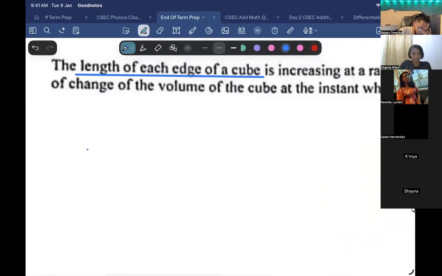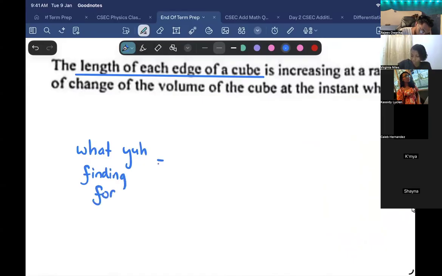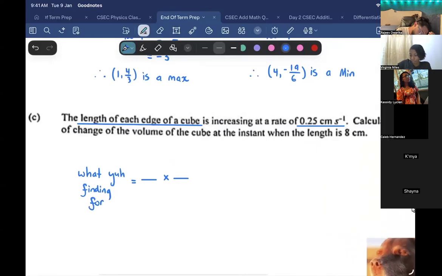So I want you to think of this. What you're finding for equals something by something. And of course you'll get the hints from the question.